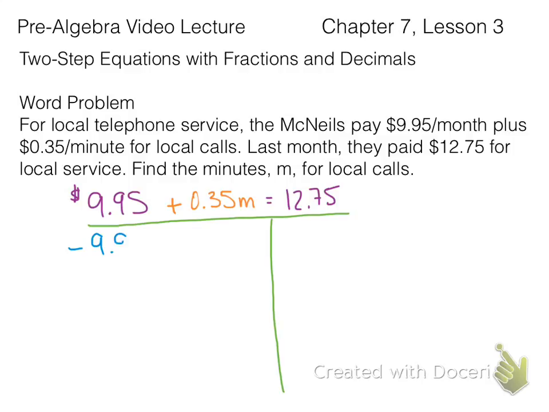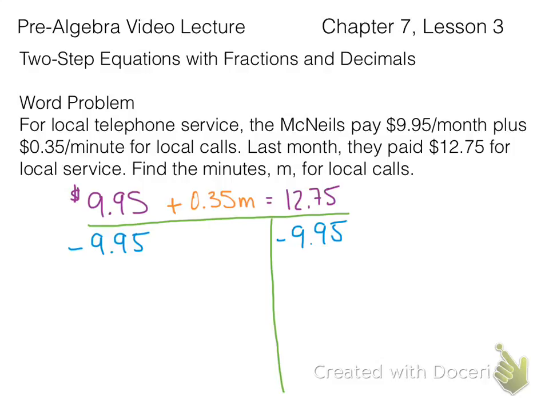So what we're going to do is solve the two-step equation, and we are going to subtract $9.95. Now, you can go through and clear the decimals, and I'll show you in a second. You don't really have to, because you have a calculator for this particular one, and it's dealing with money. I think you can handle it without clearing, but just know that clearing the decimals would also work.